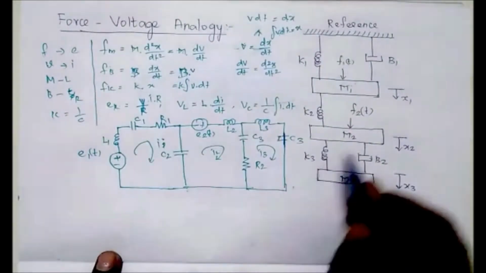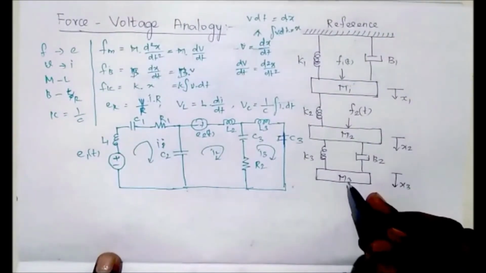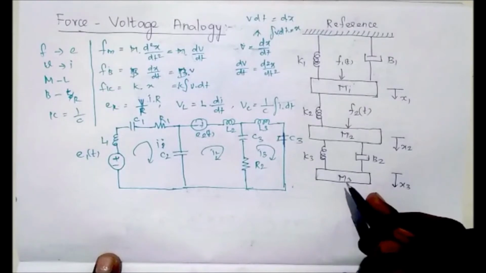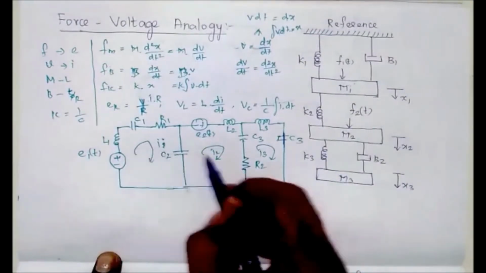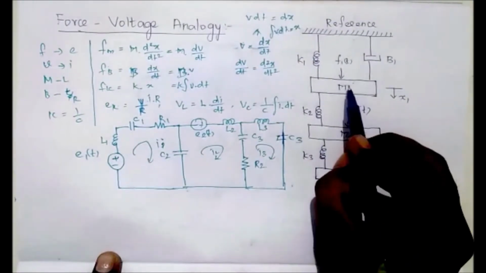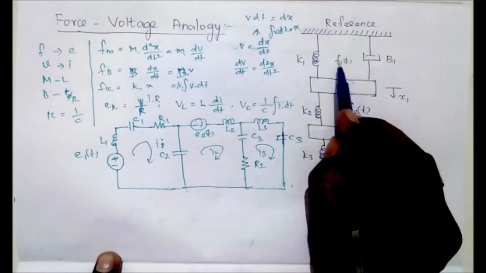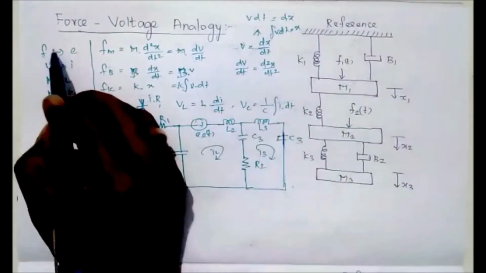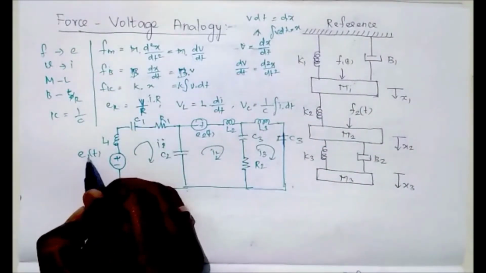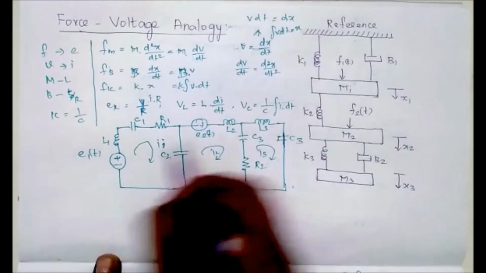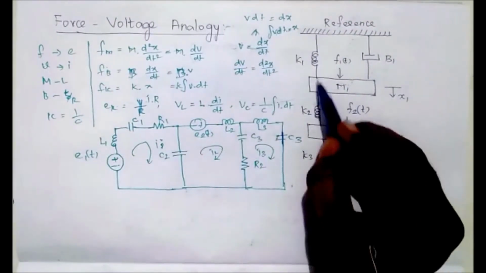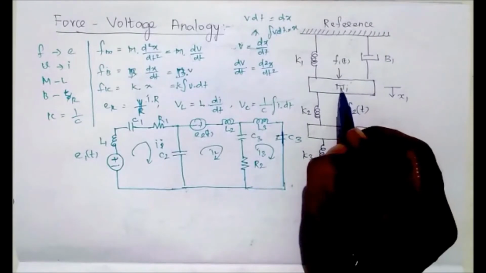So now we know there are 3 mass elements. Therefore in the final circuit we will have 3 loops like this. First we take the reference mass 1. The applied force is F1 of t, so its equivalent is a voltage source, E1 of t. Next, there are 3 elements connected with this mass 1.